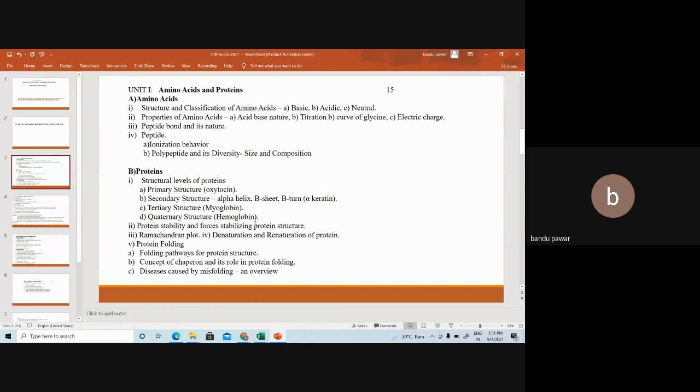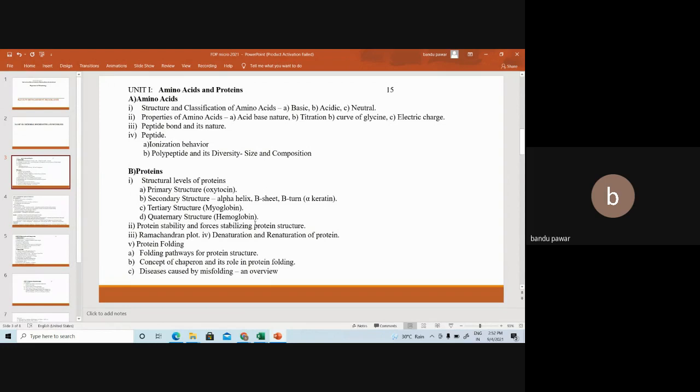In protein folding, chaperones include HSP, heat shock protein, HSP 70, HSP 90, HSP 50. Then all these things should be taught when we deliver lectures.